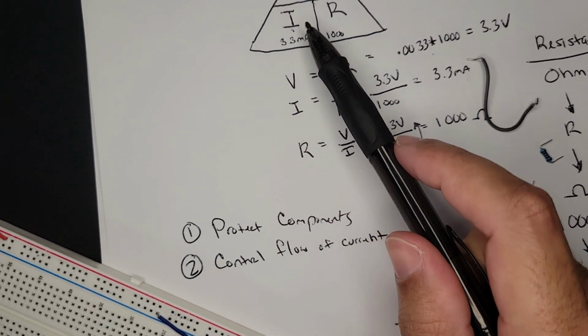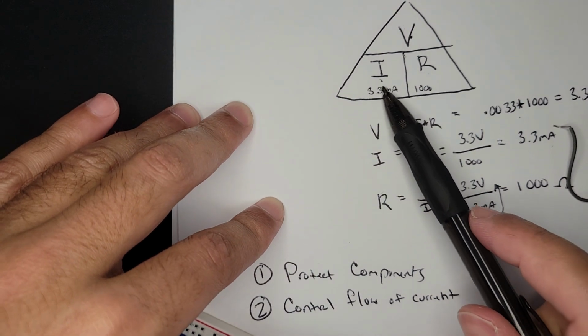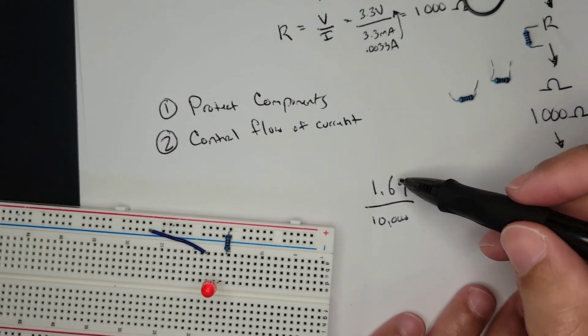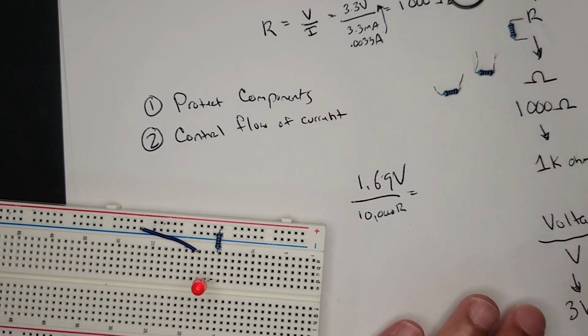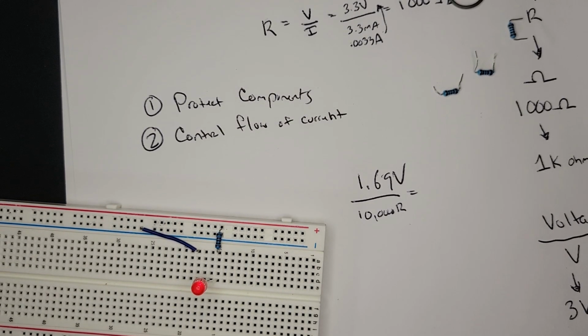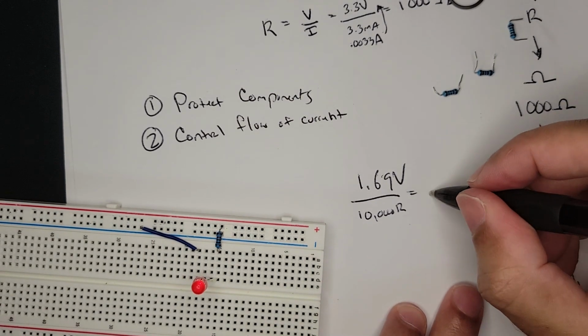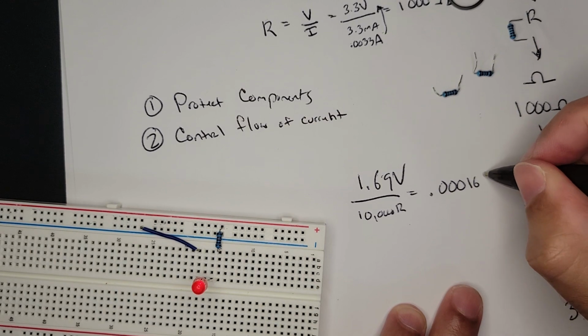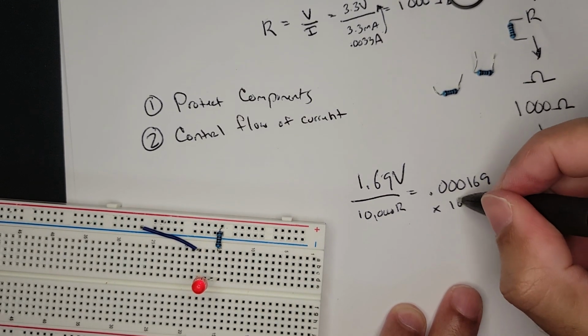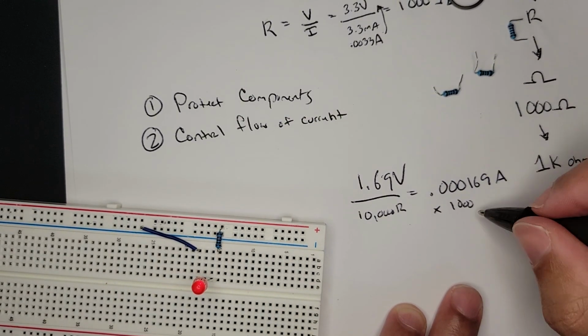So we have I is V over R. So V, right? And then this is our resistance value, 10,000. So let me calculate that. 1.69 divided by 10,000 is 0.000169. If we multiply by 1,000, this is amps, right?